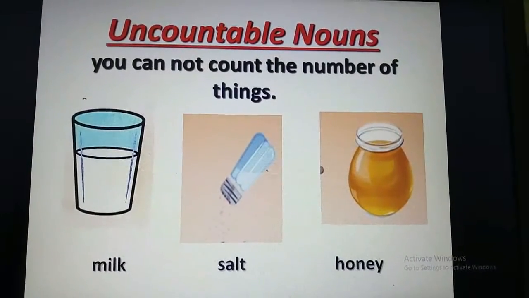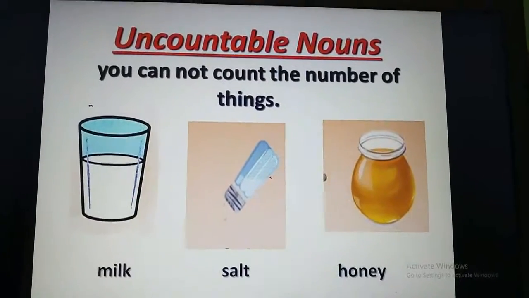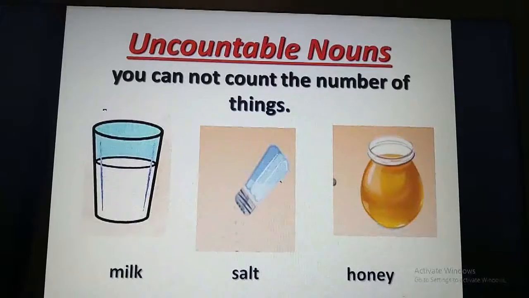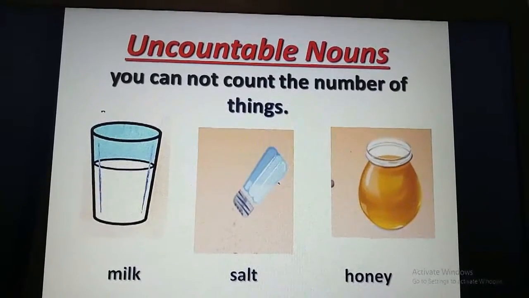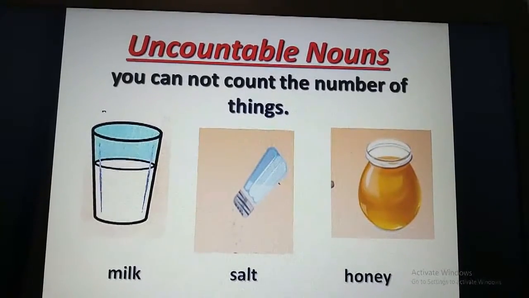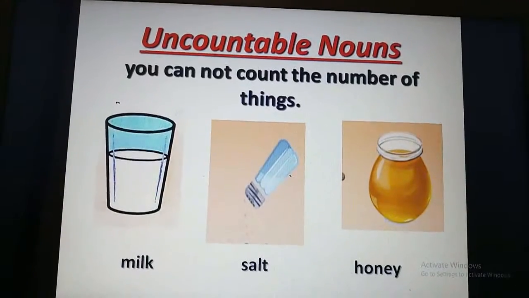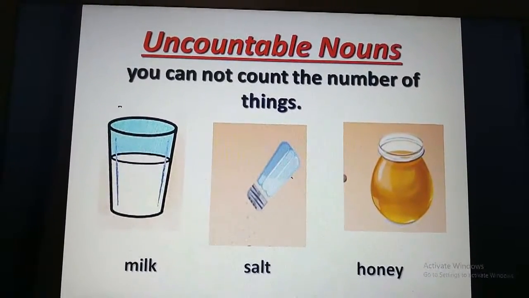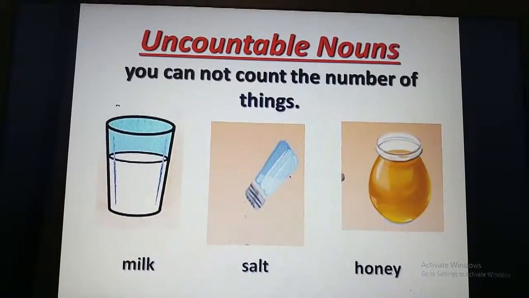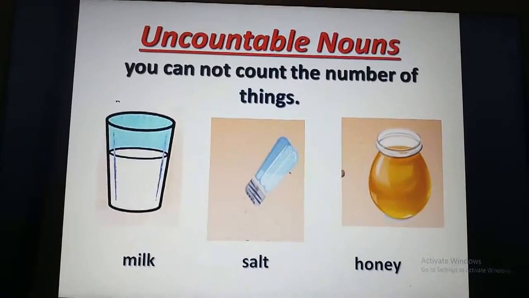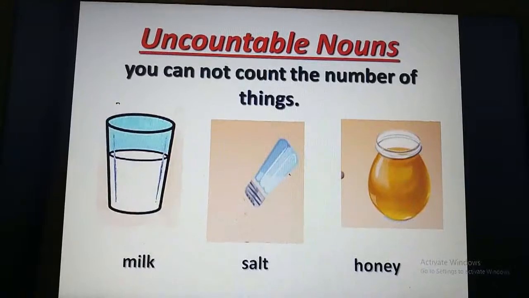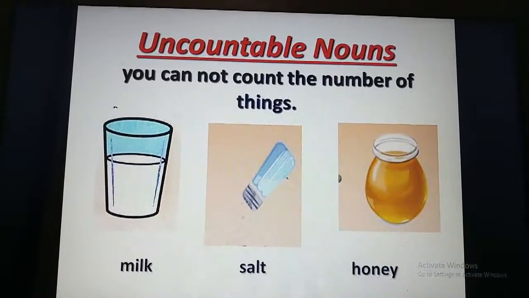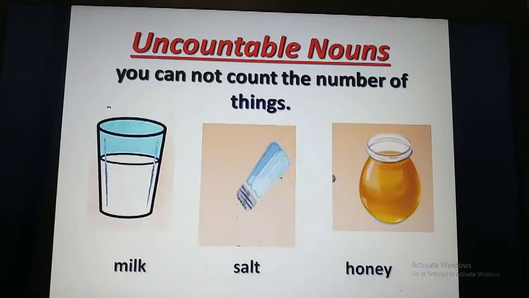Now what are uncountable nouns? You cannot count the number of things. These things you cannot count in numbers 1, 2, 3, 4. For example, milk. Can we count 1 milk, 2 milk, 3 milk, 4 milk? Salt. Can we count? 1 salt, 2 salt, 3 salt, 4 salt.